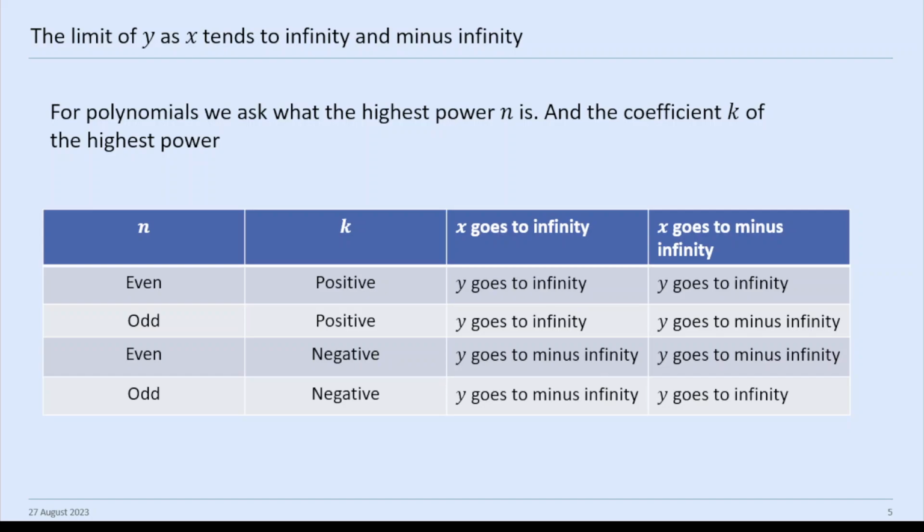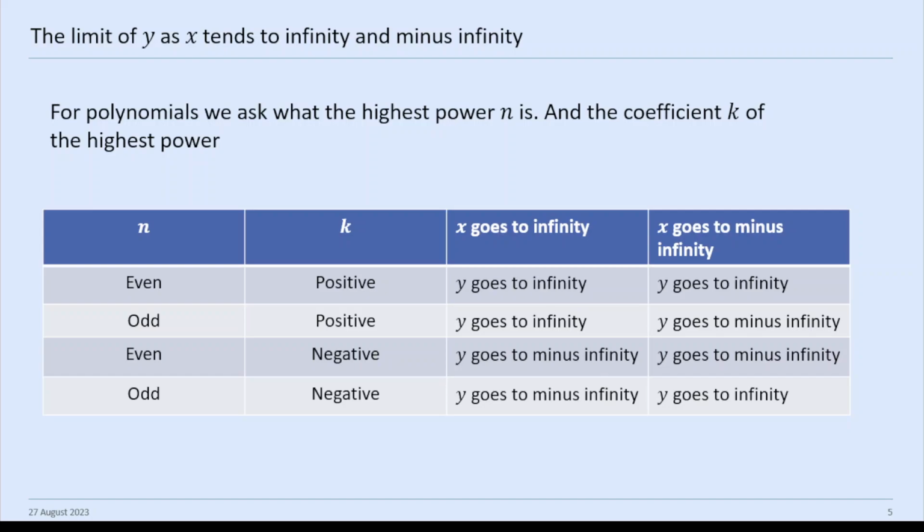And if x goes to minus infinity, it'll also go to plus infinity because minus 10 squared is 100, minus 1,000 squared is 1,000,000, and minus 1,000,000 squared is 1,000,000,000,000. So as you go to a more negative x value, it goes to a big positive value.